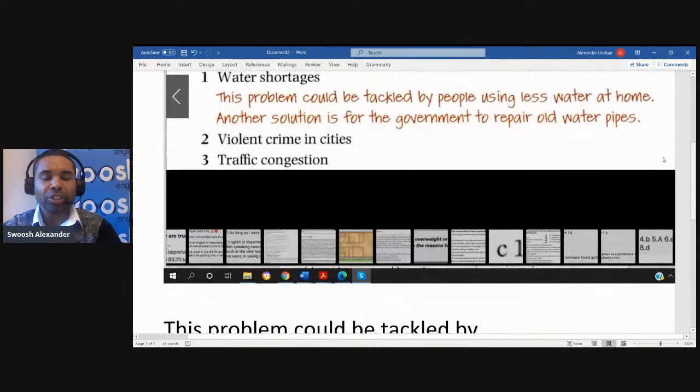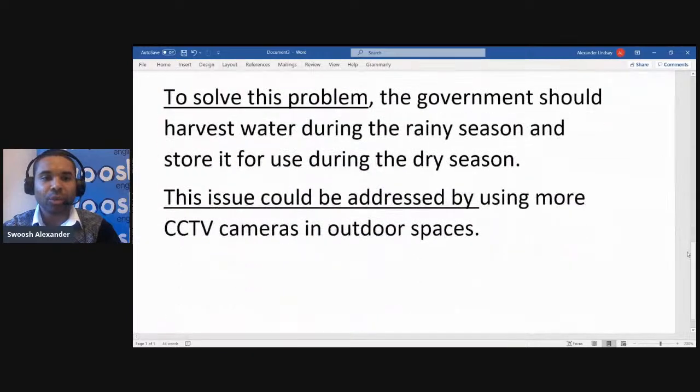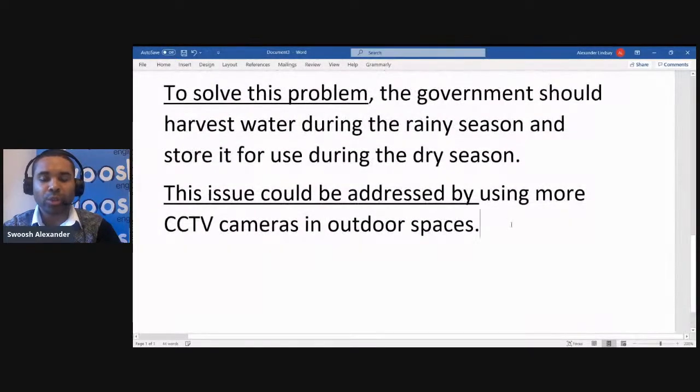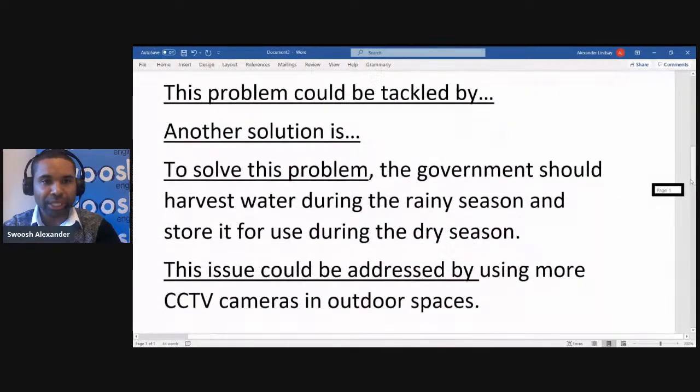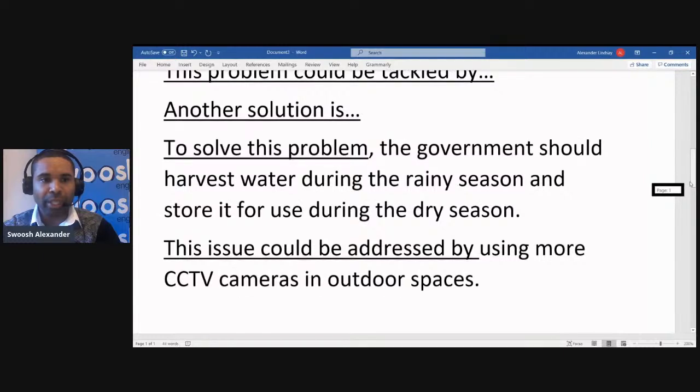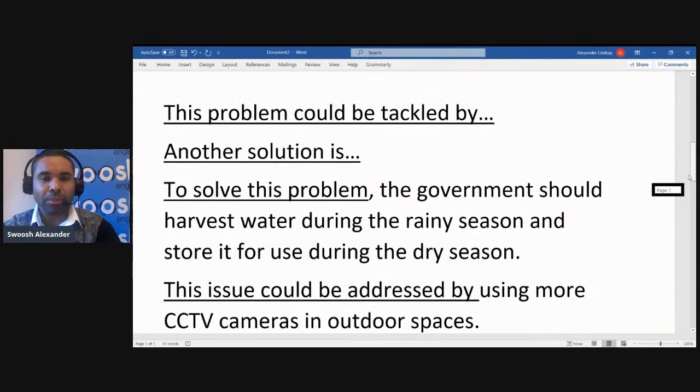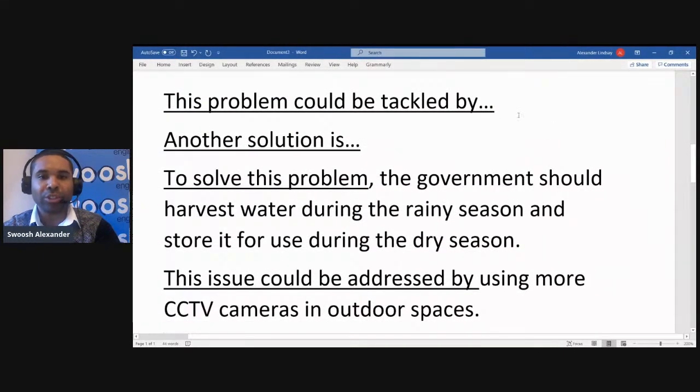And let's have a look at number 3, traffic congestion. What can we do about traffic congestion? Well, we've got 4 ways now of starting our solution sentence. Let's go with this problem could be tackled by. Let's use this for traffic congestion.